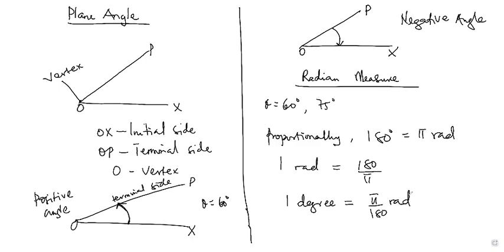Let's move on and take some examples. We want to convert from degrees to radian.